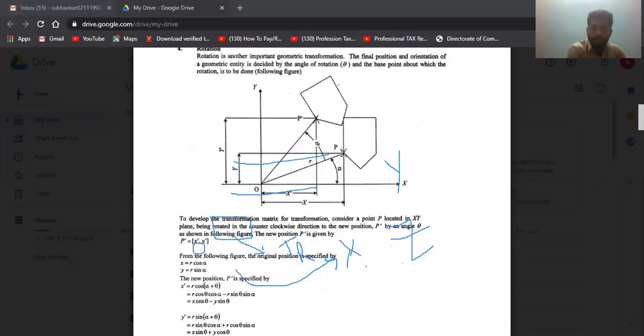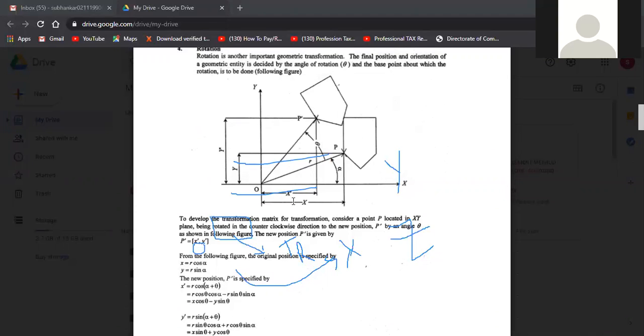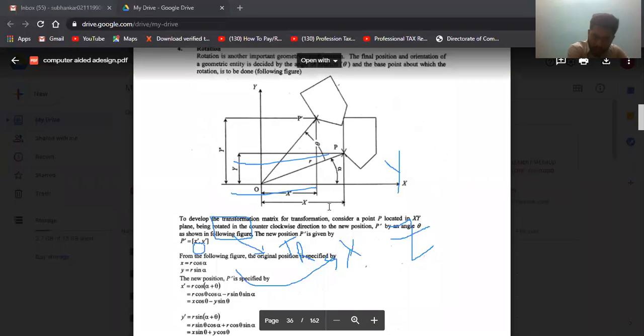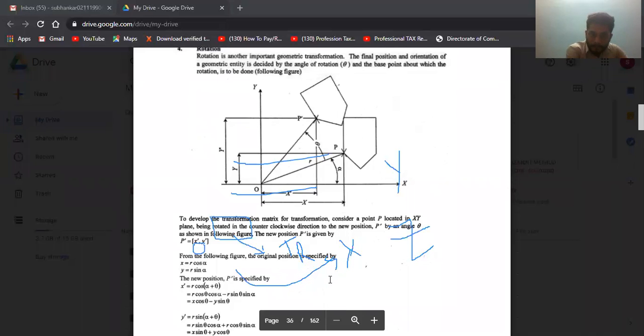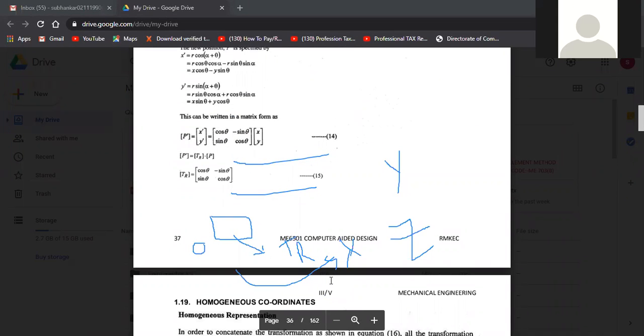What you are doing is just rotating this object by an angle, say by an angle 30 degree about x-axis counterclockwise. There is no z component coming, or else I would have shown this z component over here. If I had taken a 3D figure, then I would have shown you this derivation. Is it clear? Okay, sir.